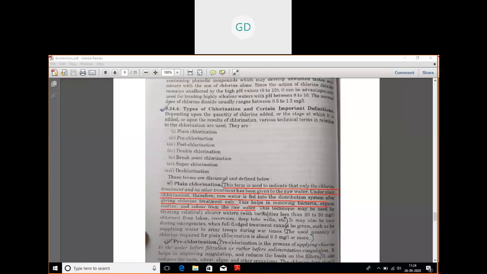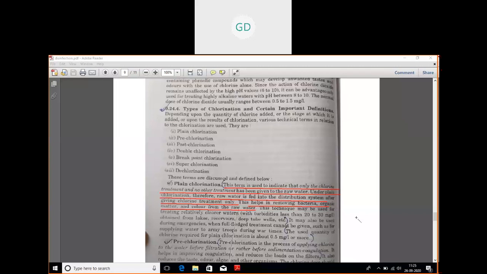Okay, so this technique, plain chlorination, is usually not used for more turbid waters or more colored water. Since only chlorine is added, the water is relatively clearer from beforehand.